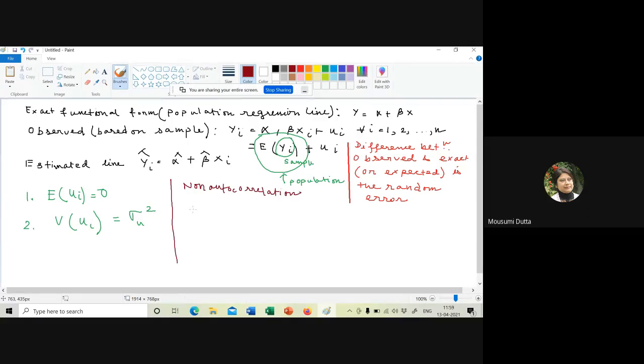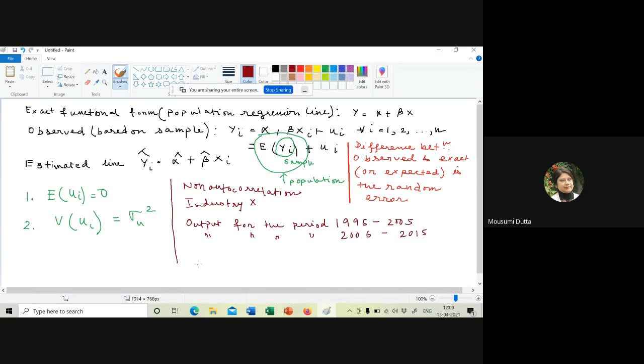Suppose I'm considering industry X, an IT industry, say any industry X, and I'm considering its output for the same industry, however for two periods.